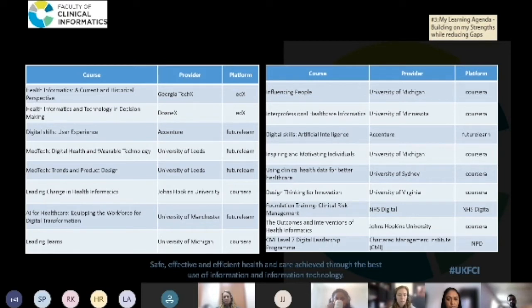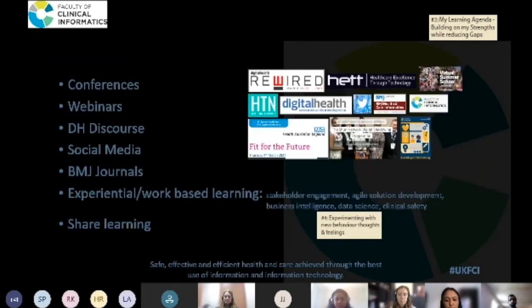Some of them were the softer skills required to be a clinical informatician, things like negotiation, influencing people, team working, but also some of the more conceptual and factual aspects of clinical informatics. I supplemented my learning by conference attendances. Rewired, HET, and the virtual summer school were great sources of learning.